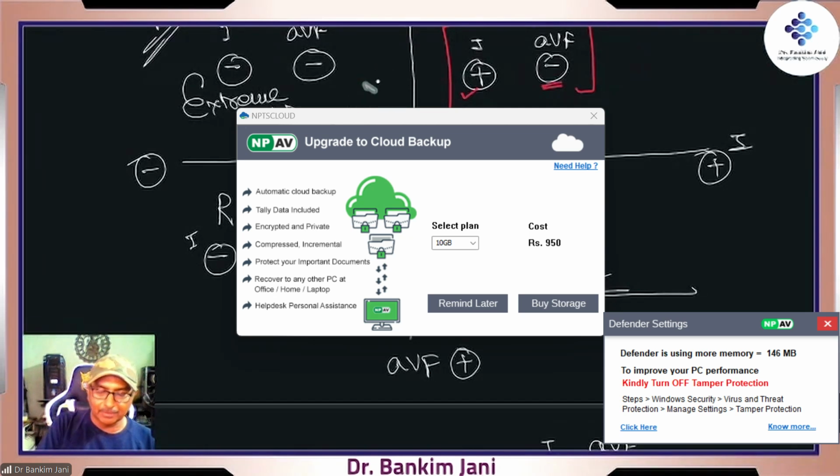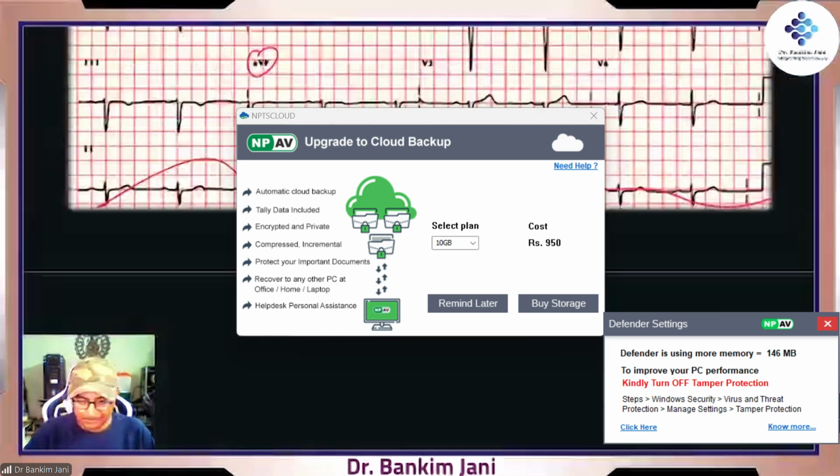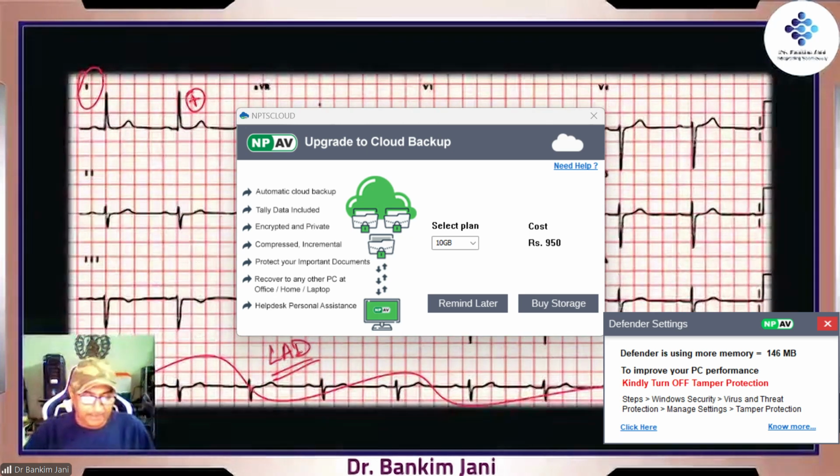Normally, my teacher used to say that if you think of the rarest possibility, then you are rarely right. So don't even think about it. When lead 1 is negative, immediately watch AVF. In 99.9% cases, it will be positive. If it is positive, you are dealing with right axis deviation. So here LAD is clear.